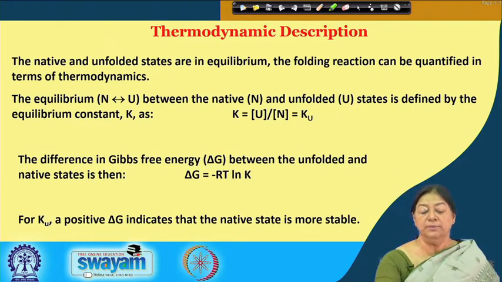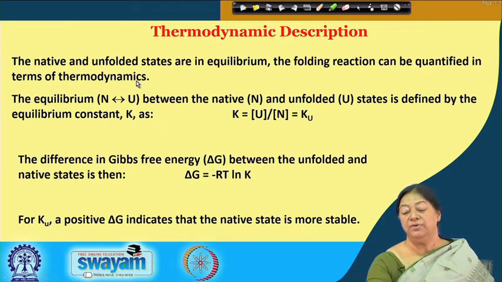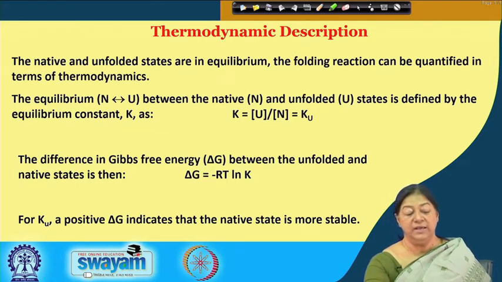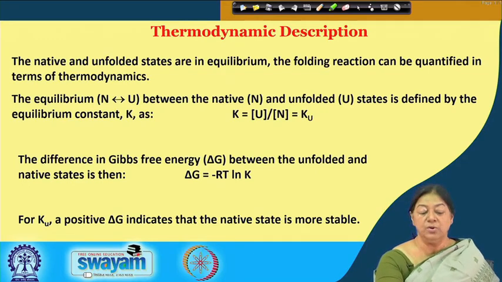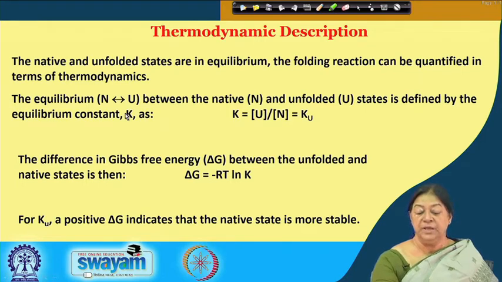If we look at a thermodynamic description, we are saying that the native and the unfolded states are in equilibrium, and the folding reaction can be quantified in terms of thermodynamics. This is the equilibrium constant K, the ratio of the unfolded to the native state, and the delta G between the unfolded and the native state is a quantity that looks like this.